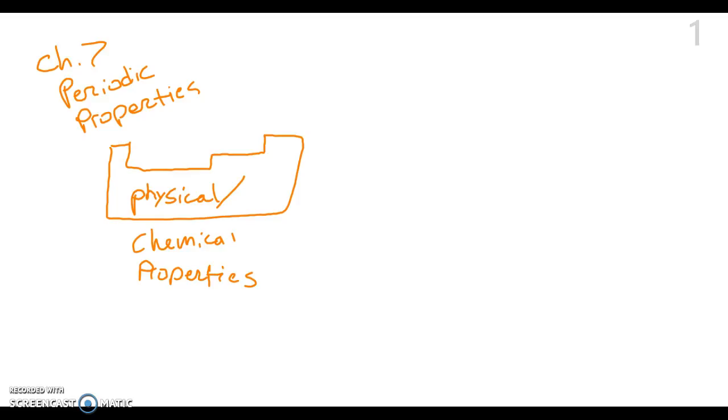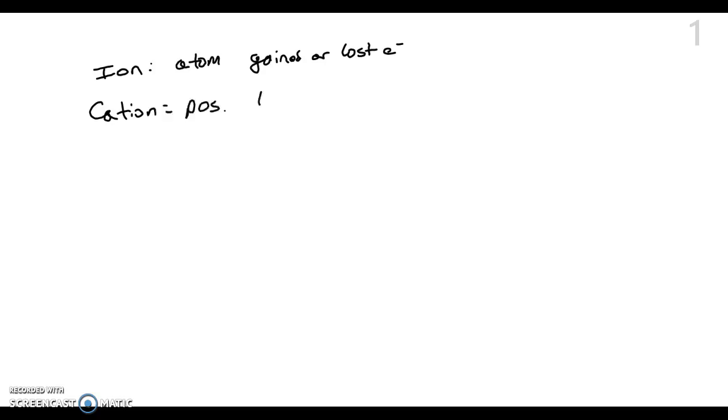First off, let's talk a little bit about some vocabulary that we need to know. Before we talk about ions, what is an ion? An ion is an atom that has gained or lost an electron. A cation is positive, meaning it lost a negative electron, therefore a positive ion.